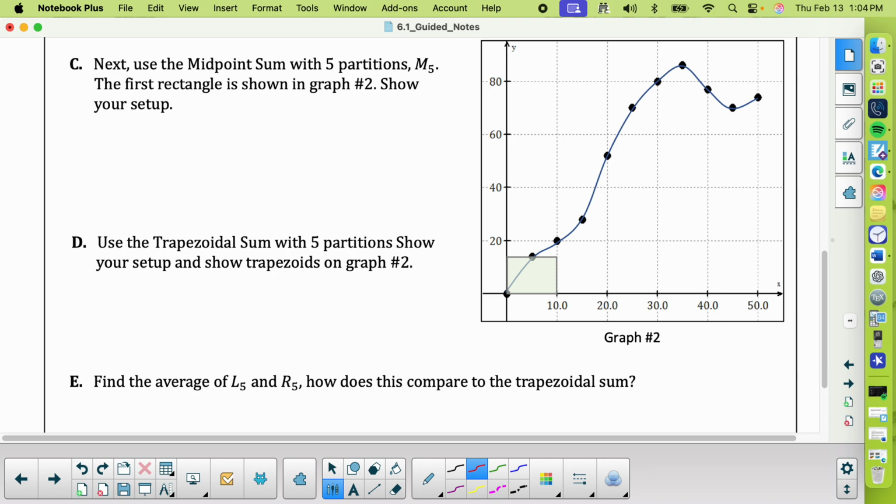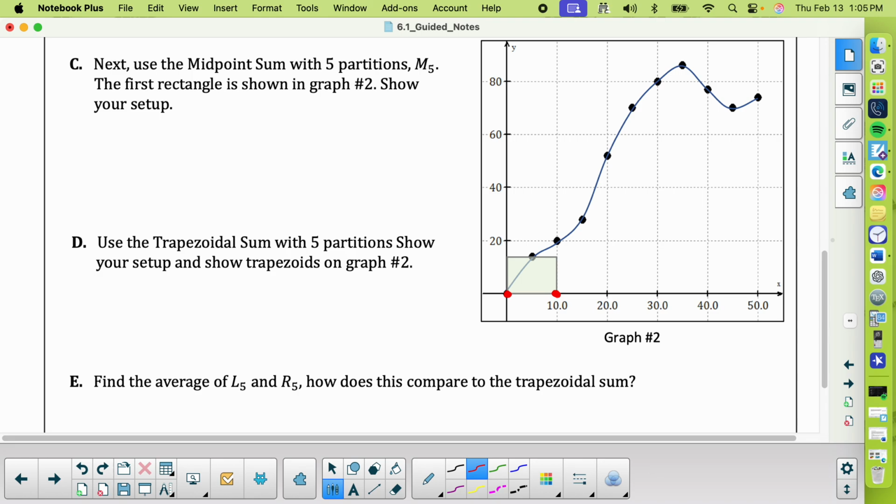Trapezoid method means you're not going to draw a rectangle. It means you're going to draw a trapezoid. Okay. Our first rectangle would be from 0 to 10. So there's the left-hand side, right-hand side. The height on the left is 0.